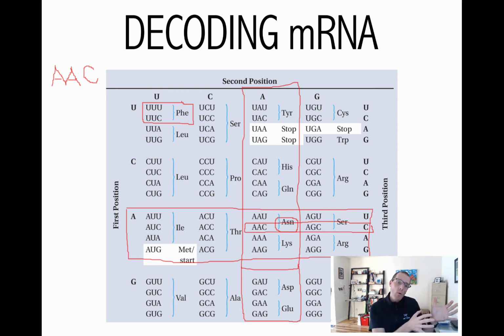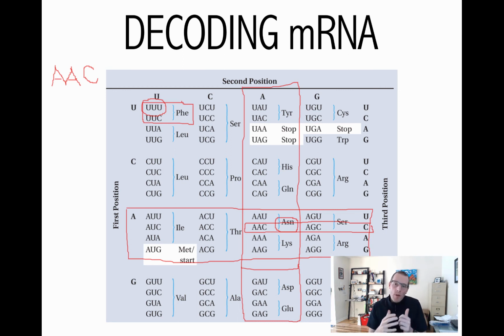If a ribosome is reading through a piece of mRNA and it reads UUU, it knows that that specifies the amino acid phenylalanine, and it adds that to the growing polypeptide. But it could also encounter UUC and do the same thing. So when we say that the genetic code is redundant, we mean that you can specify the same amino acid, and that's important, the same amino acid with different codons.